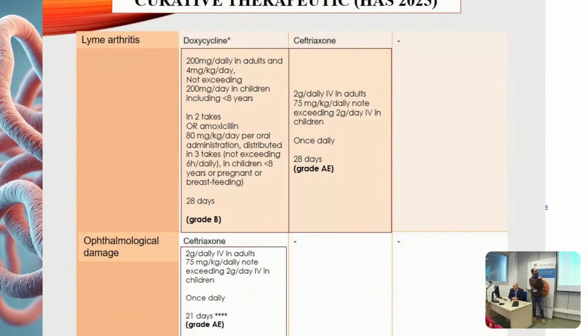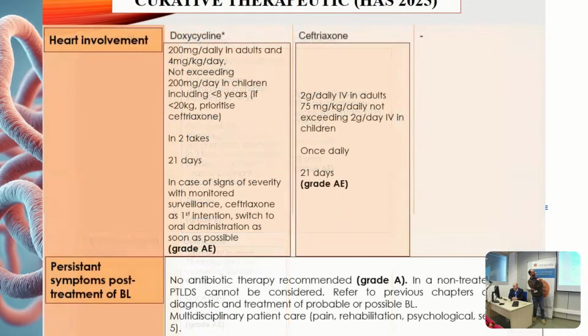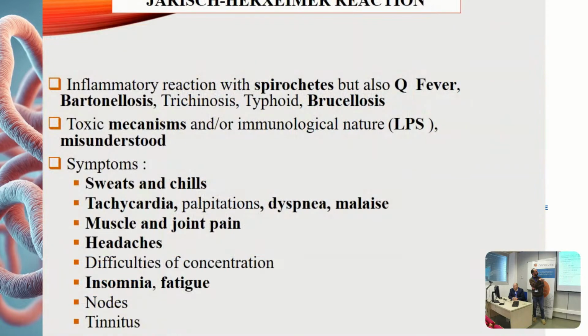And for children, there are some molecules that are privileged. Okay, so it's a very important thing, the Jarisch-Herxheimer reaction.